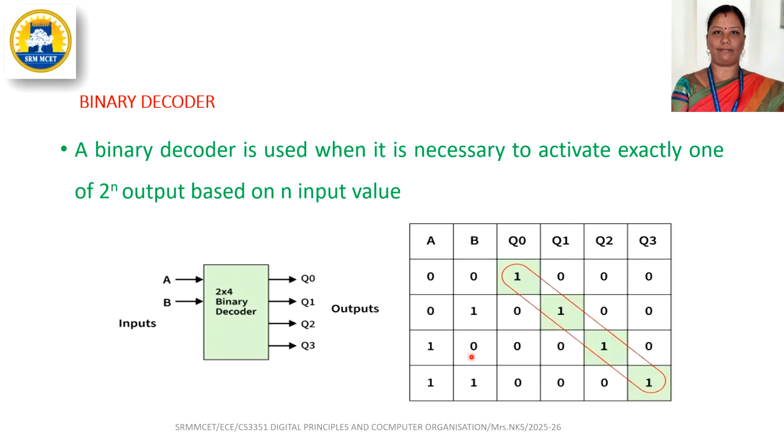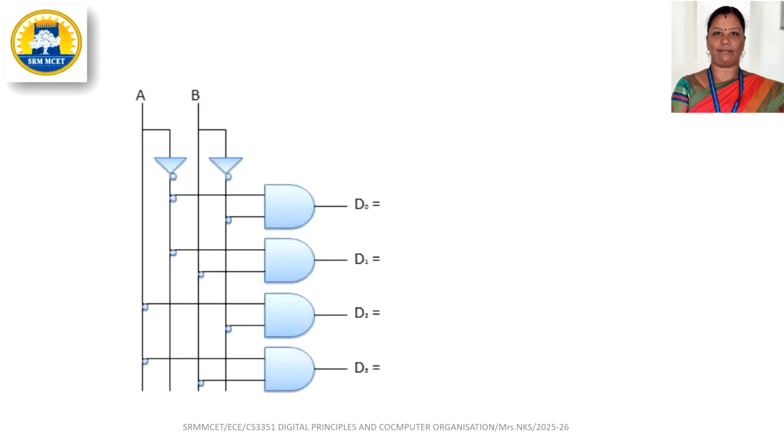If it is 1, 0, equivalent to binary 2, it will activate the output Q2. If it is 1, 1, equivalent to 3, it will activate the output Q3. With this, we can design the circuit with the help of a K-map. We will be deriving the circuit.